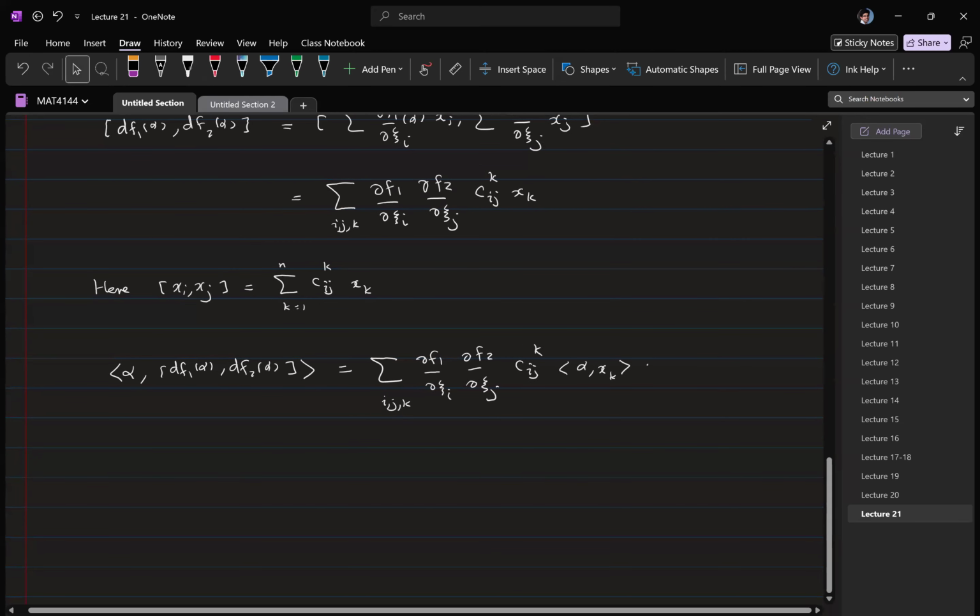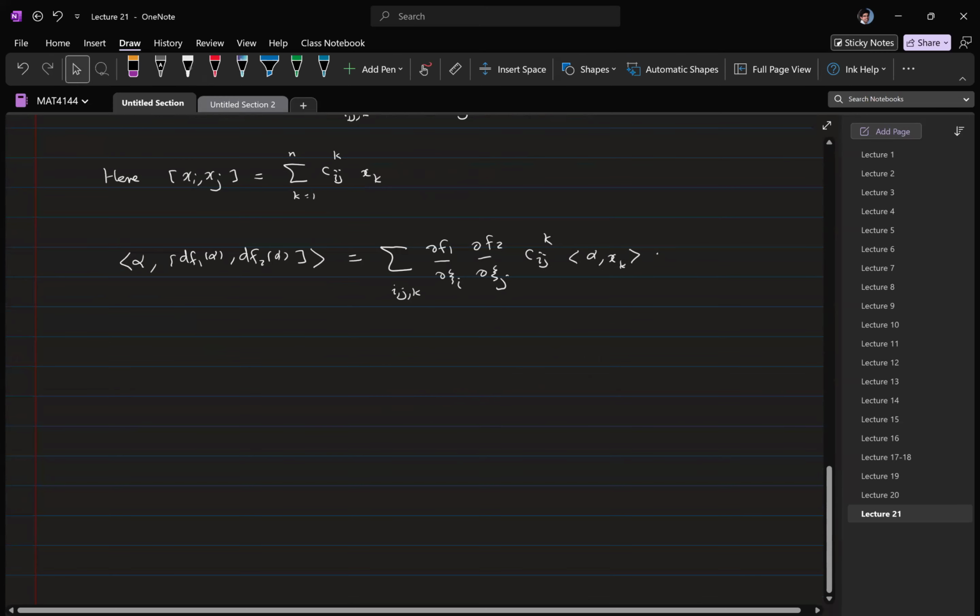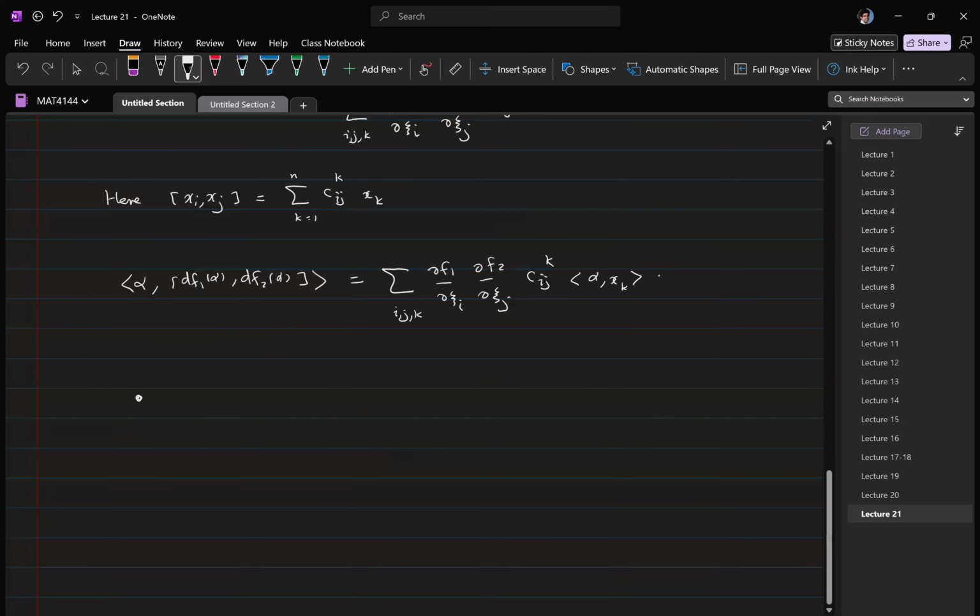Okay, so this is an explicit formula for this. And now checking that we actually have these properties is not that hard. So let me explain. So first, let's check the property of skew symmetry. So we want to show that f2 f1 equals minus f1 f2. So can you explain using this last formula why this is true?